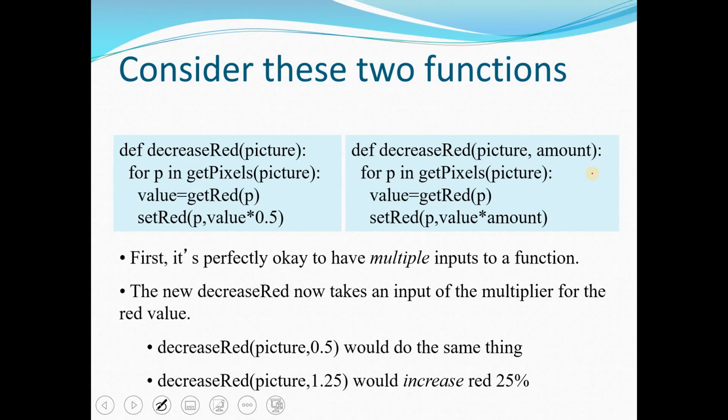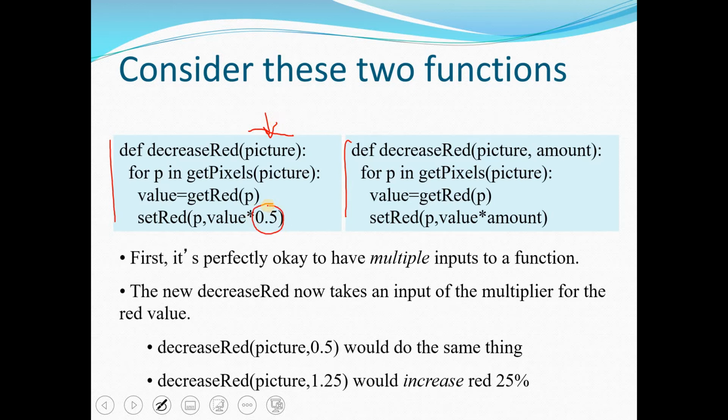So here you see more examples of functions. What do you see as the difference in these two functions that you see over here and here? Yes, you can pause the video and think over it. So the difference between these two functions: over here, this function has one input, the picture, and when you provide this picture as input, it will decrease the picture's red color by 50%, 0.5.